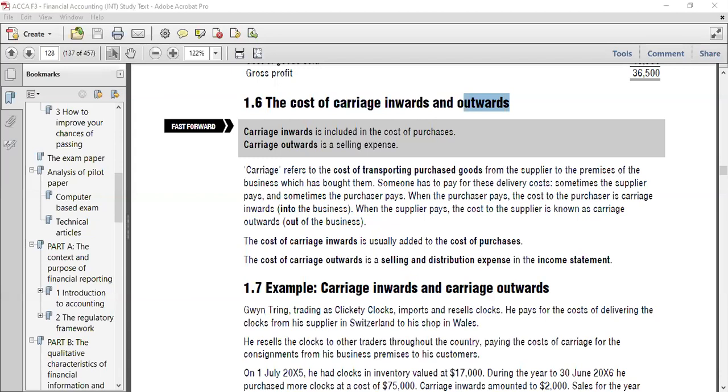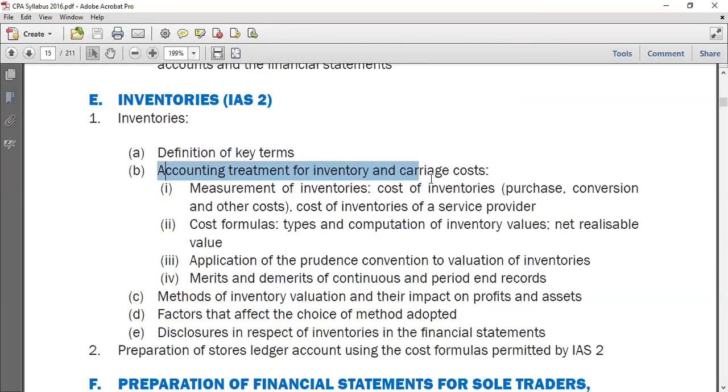And of course, at the end of the day, these work hand in hand, because ideally to bring inventory into your premises, you definitely need carriage. That's why you see here they're asking you for the accounting treatment of carriage costs and inventory. And the carriage costs are your carriage inwards and carriage outwards. So that's what I just wanted to stress.